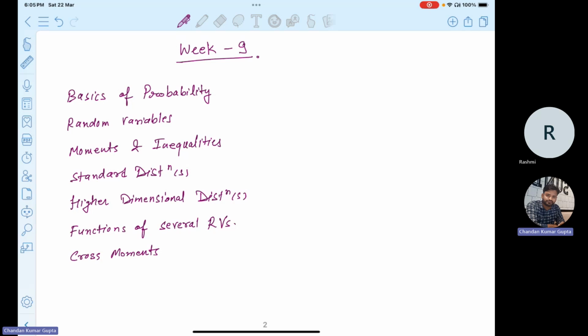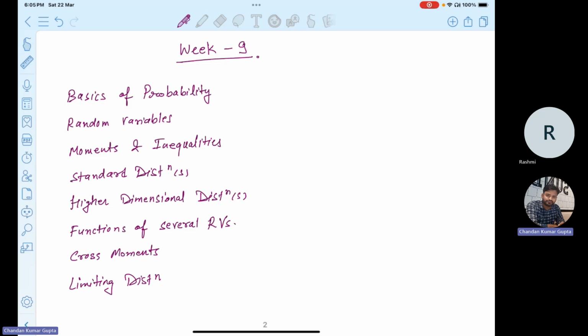And in the last week, we discussed the limiting distribution, in which we covered different modes of convergence, like convergence in probability, convergence in distribution, and convergence almost surely.